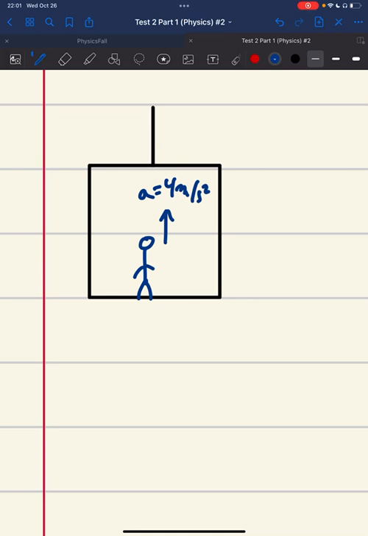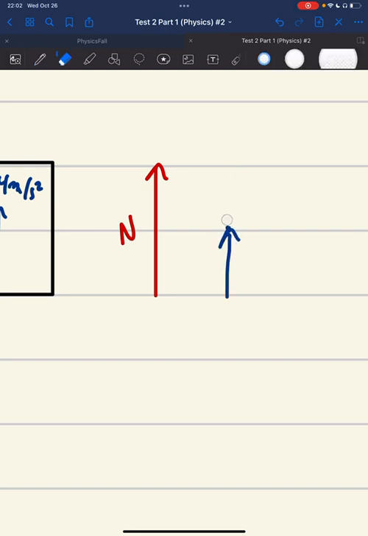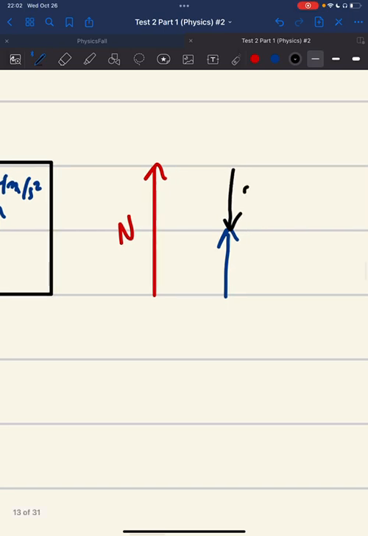Now this is doing some resistance. So let's draw newtons, and then mg, and a force.